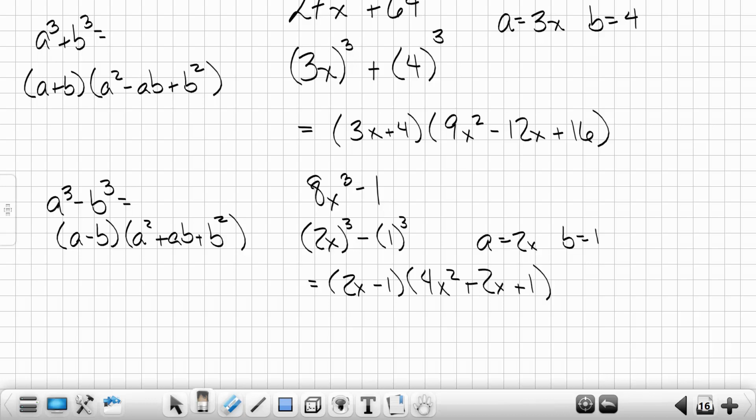The negative sign versus the positive sign. We can remember this with a little mnemonic device. If we can at least remember the a squared, ab, b squared, we can remember the sign changes with a little mnemonic device.